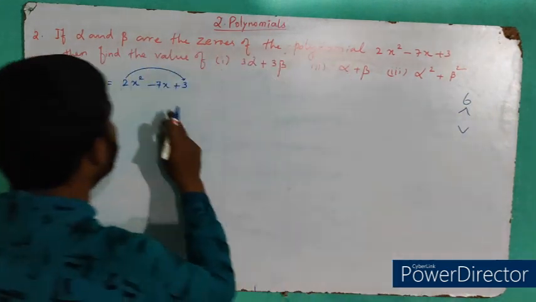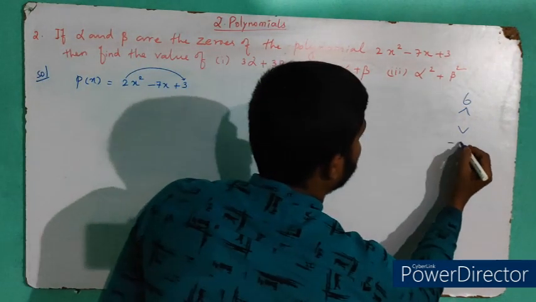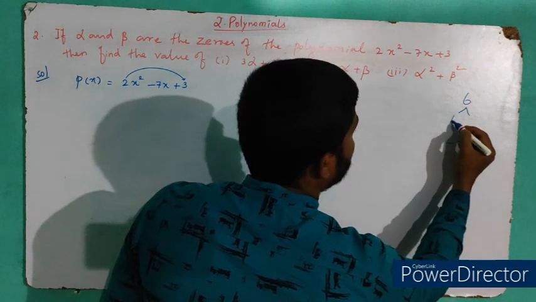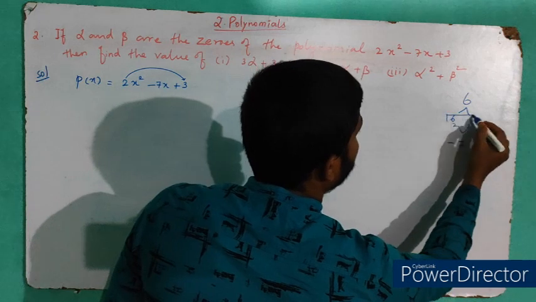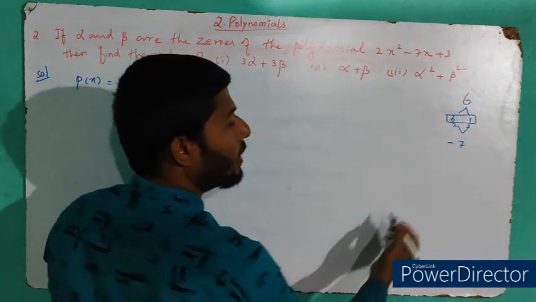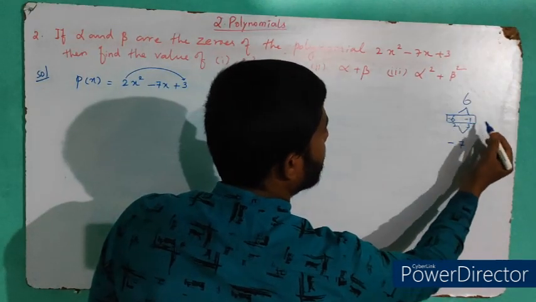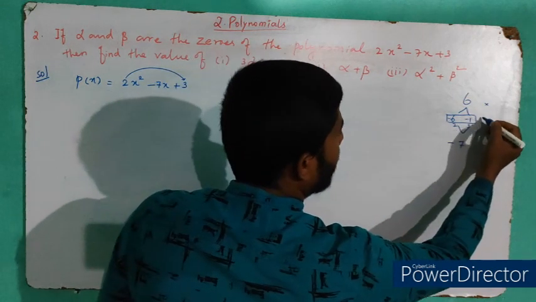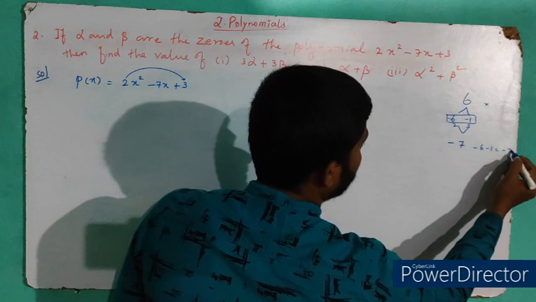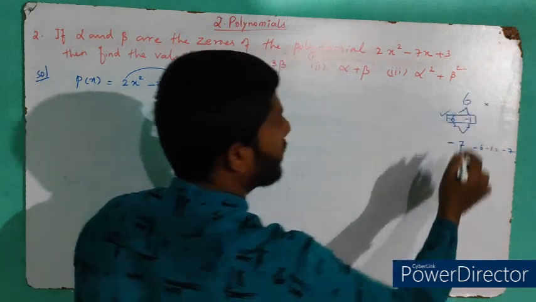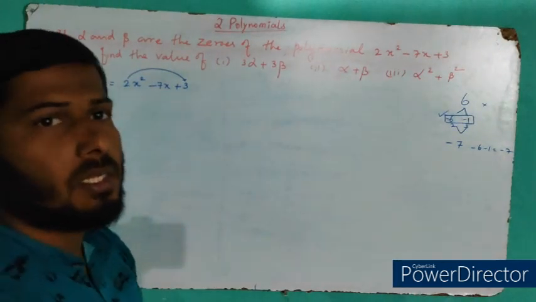And take the coefficient of x down, −7. The factors of 6: 1 × 6 or 2 × 3. So suitable factors we know are 6 and 1. When you apply a negative sign to both, when you multiply you get 6, and when you add you get −7. So the suitable factors are −6 and −1.